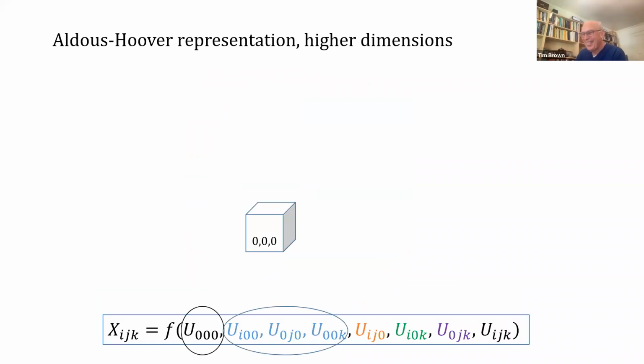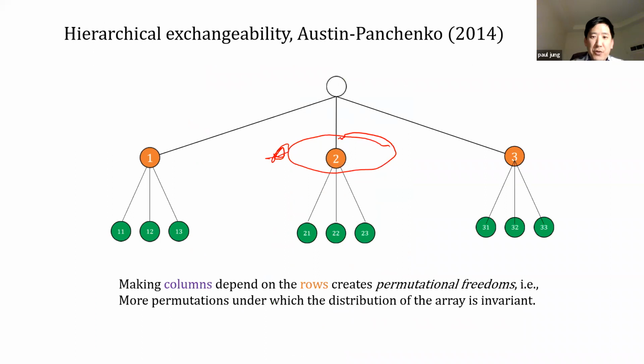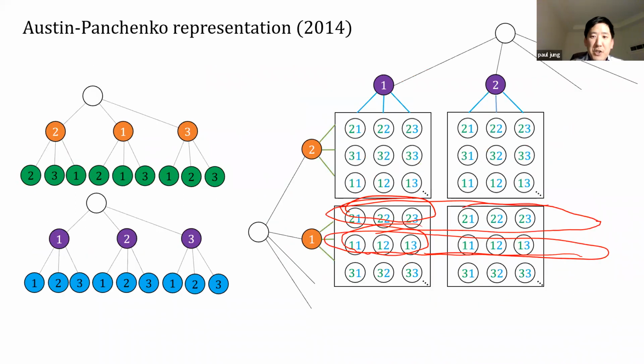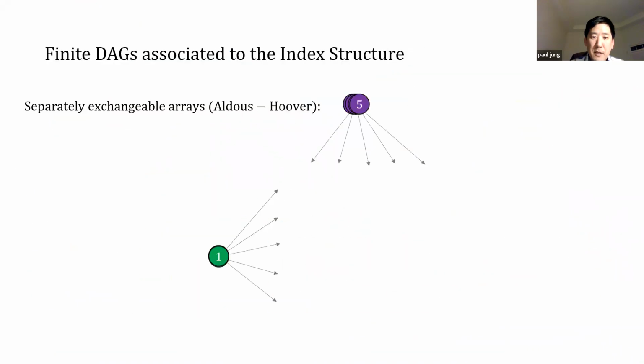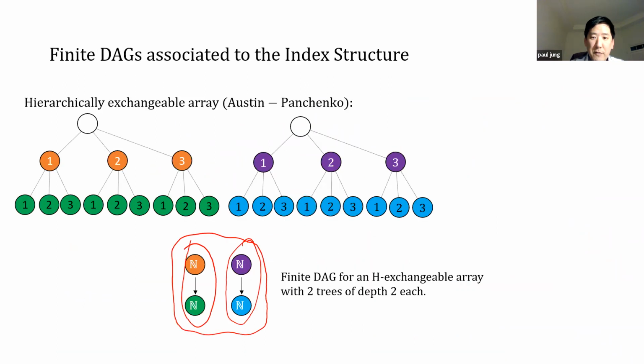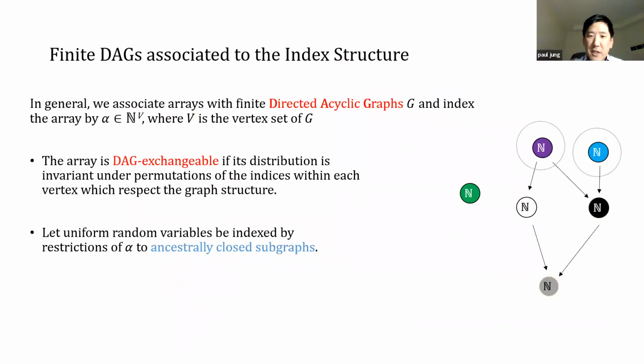Okay, so the connection is, you can think of each node here, let's take a general graph like this, as doing some sort of computation, or maybe you get some sort of simulation. So here, maybe you produce a bunch of Gaussians, and then maybe here you produce a bunch of exponential random variables.